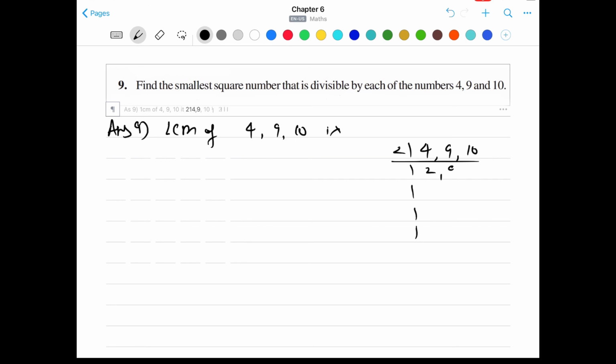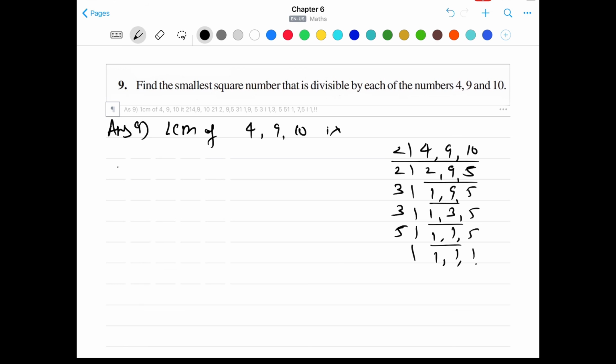First dividing by 2, we get 2 here, 9 as it is, and 5 here. Again dividing by 2, we get 1, 9 and 5. Now we divide by 3, we get 1, 3 and 5. Again dividing by 3, we get 1, 1 and 5. Now dividing by 5, we get 1, 1 and 1. Since we're getting 1, we stop there.